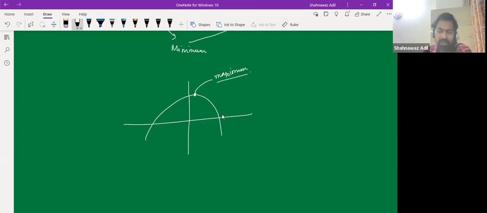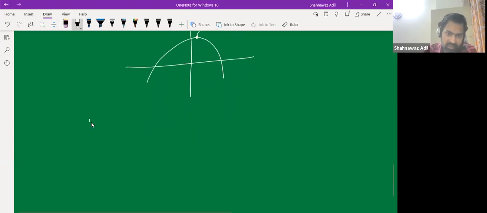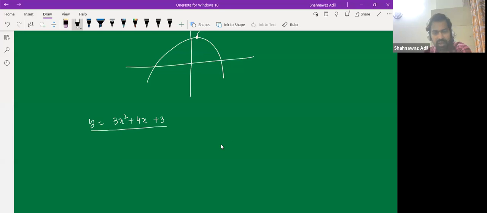Okay. So how can we mathematically calculate the point where the maxima or minima will occur, right? So let's say we have a function y which is 3x squared plus 4x plus 3. So this is a function, right?